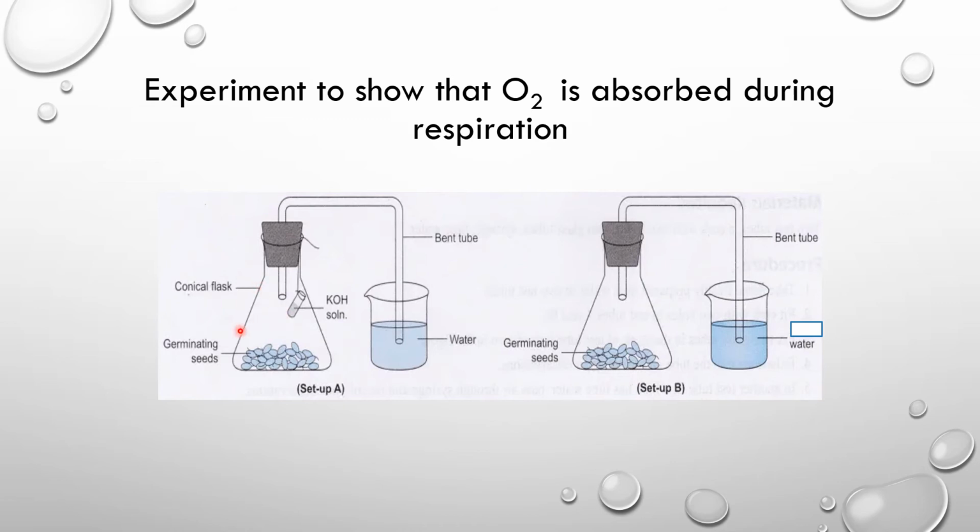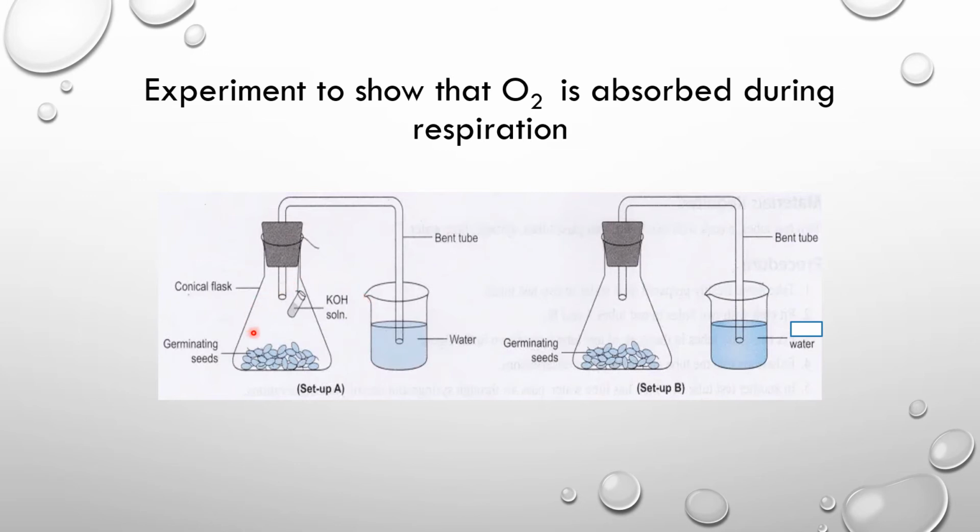We have put germinating seeds into the conical flask, and these germinating seeds perform respiration. As they respire, they absorb oxygen from the gas in the conical flask and release carbon dioxide into the conical flask. That released carbon dioxide is absorbed by this potassium hydroxide.